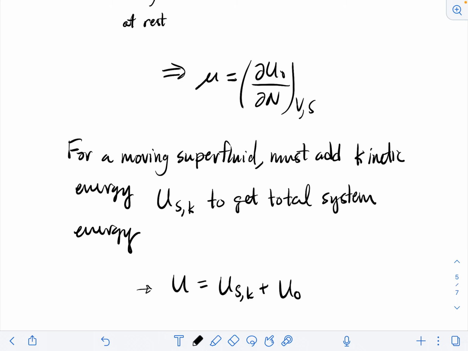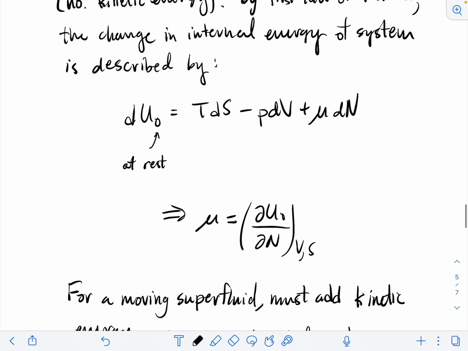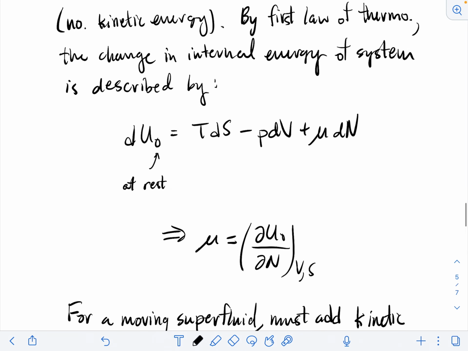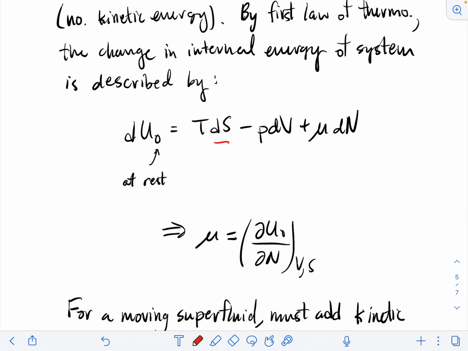And we can calculate the change in internal energy at rest because we've identified that dS is 0, dV is 0, so the change in internal energy when the superfluid is at rest is just the chemical potential, which we've written here, times dn. Okay, so that's how we'll start.